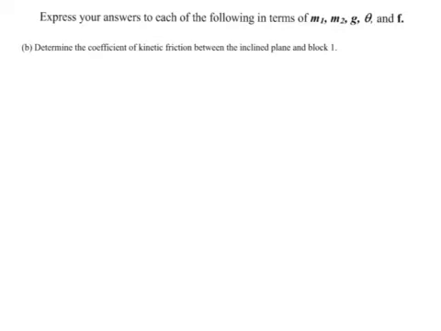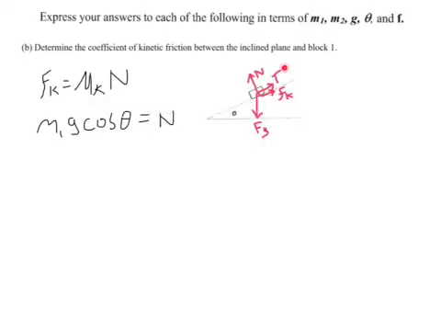So now the kinetic friction is given to us by Fk, which is mu k N. That's our kinetic friction. The normal force is going to be m1g cosine theta. We can get that from our free body diagram, and here's that free body diagram.